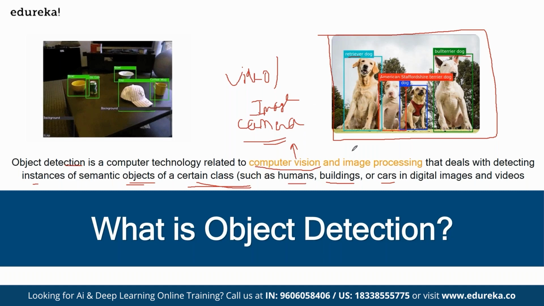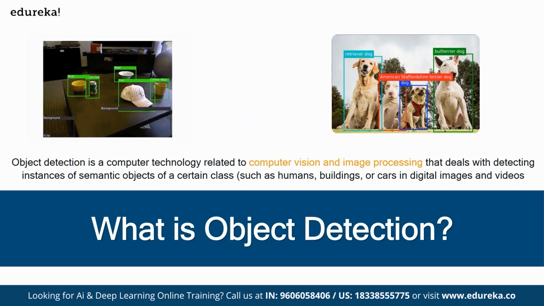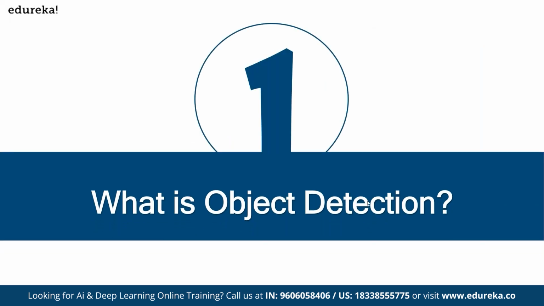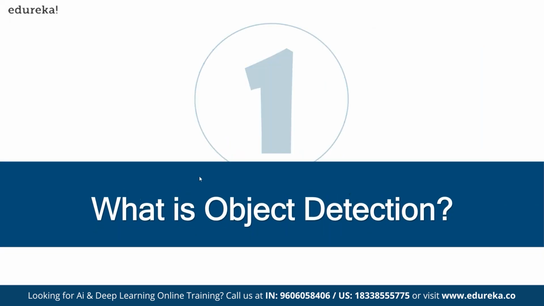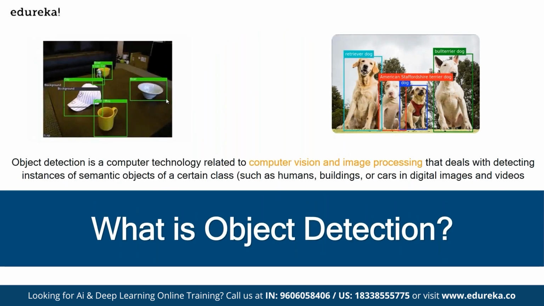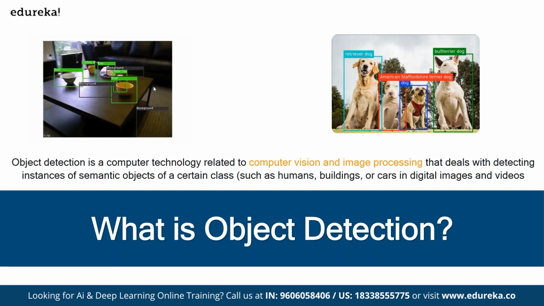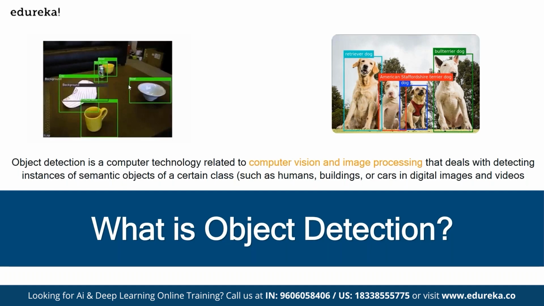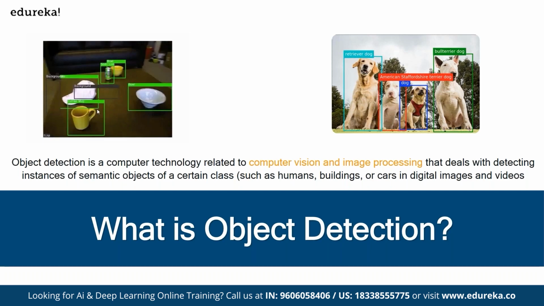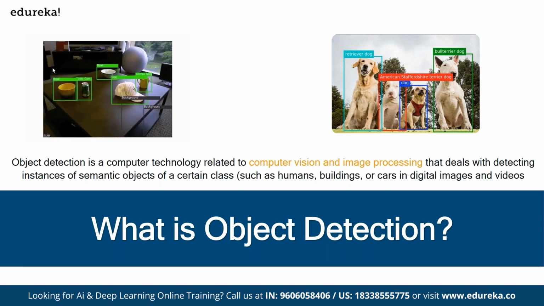And if you look at the image which I have on my left hand side, I'm doing the same thing. I'll just start the slide share again so that you can visualize it. See, I'm identifying what exactly is present on top of my table. I can see there is a soda can, a hat, a cup, a coffee mug and everything.